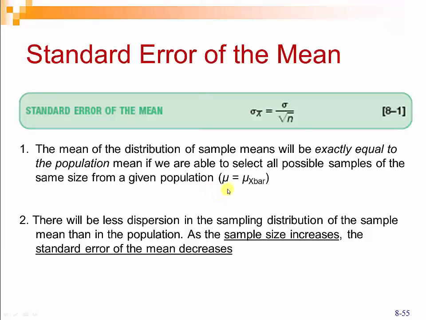In other words, mu is equal to mu sub x bar, which is pretty much what we showed in the example of the 7 employees. We also saw that there will be less dispersion in the sampling distribution of the sample mean than in the population. And as the sample size increases, the standard error of the mean decreases.